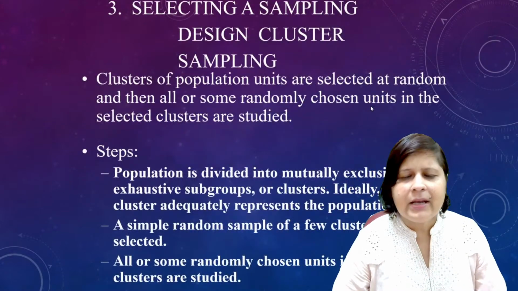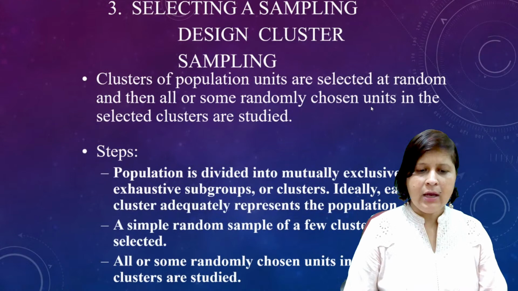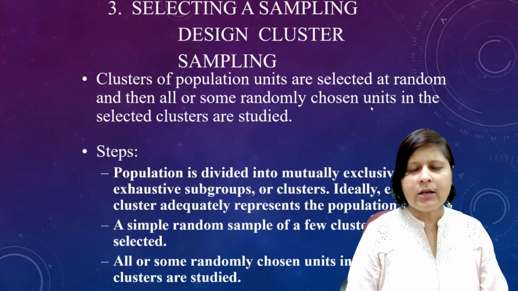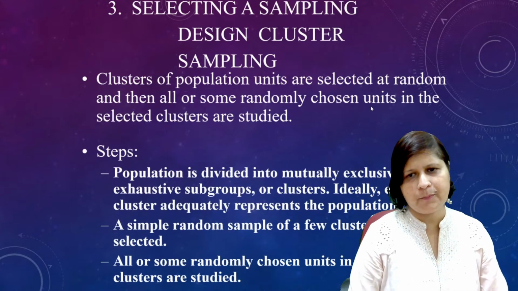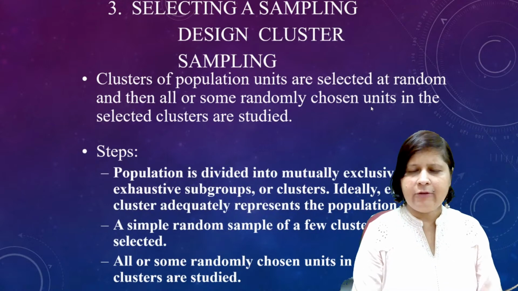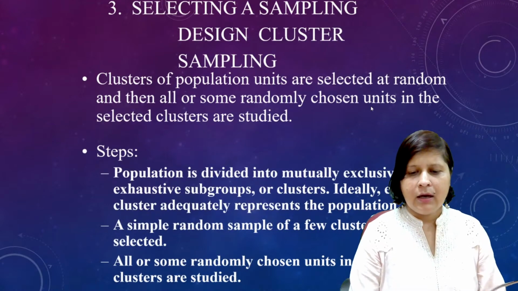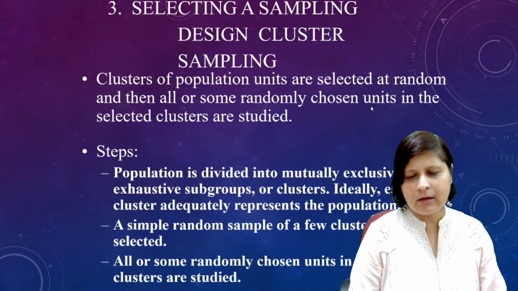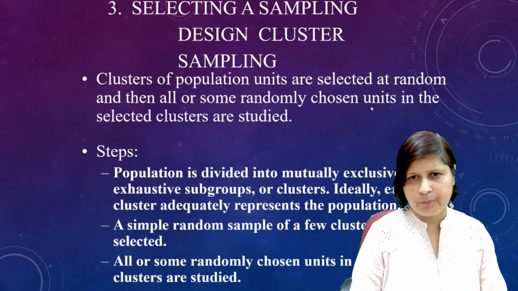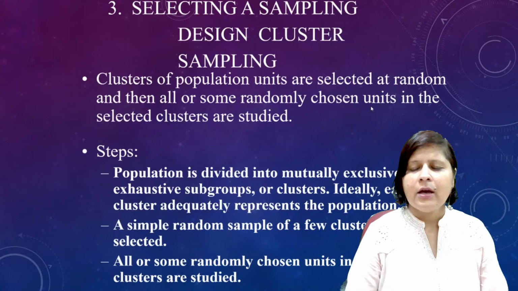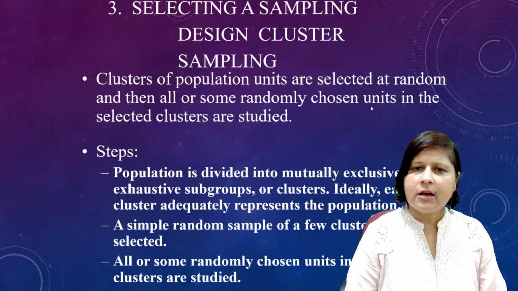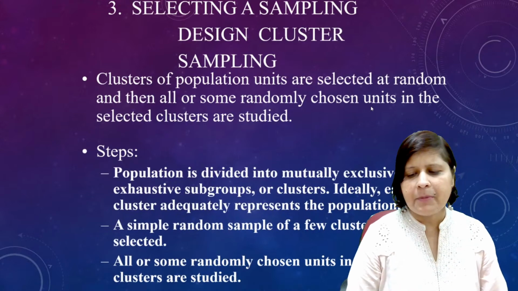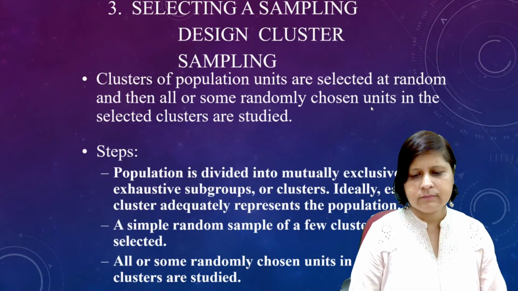Cluster sampling is when we divide the population into mutually exclusive and exhaustive subgroups. Each cluster represents the population, and from these clusters a simple random sampling should be done.